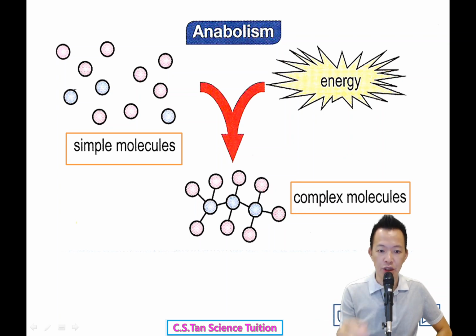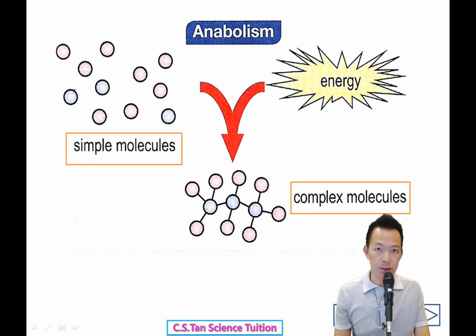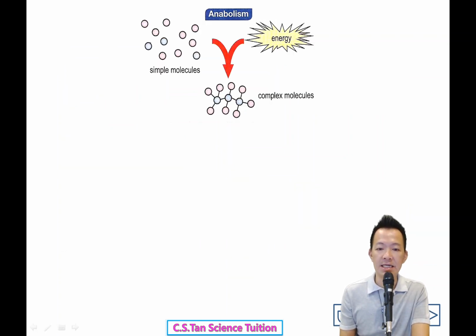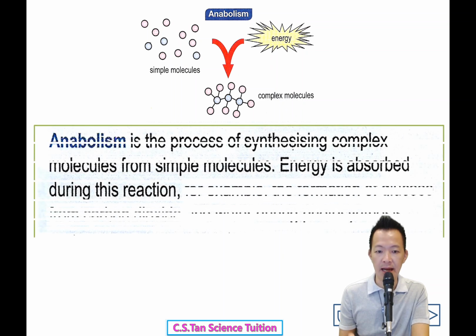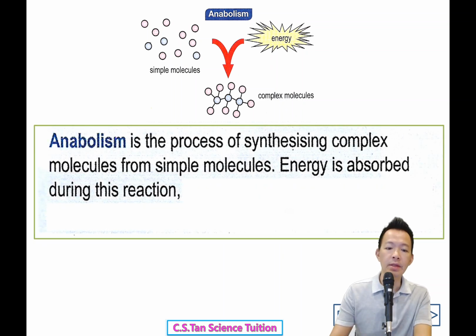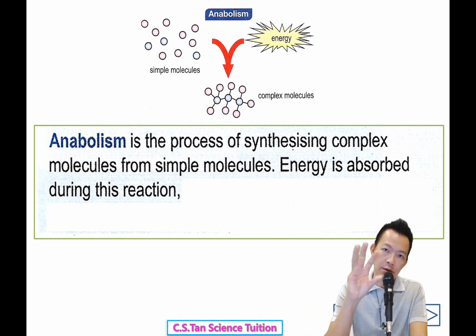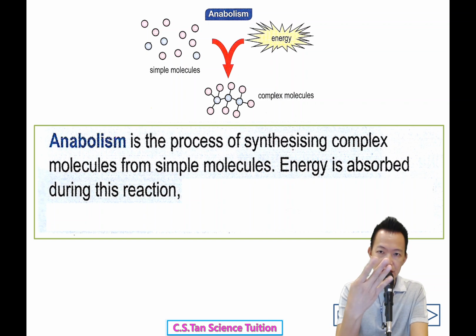With the use of energy, we synthesize the complex molecule from simple molecules. 这种情况就叫 anabolism, 就是合成制造的意思. Anabolism is a process of synthesizing complex molecules from simple molecules, and energy is absorbed during the reaction.